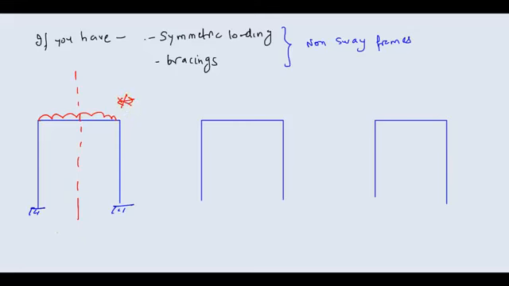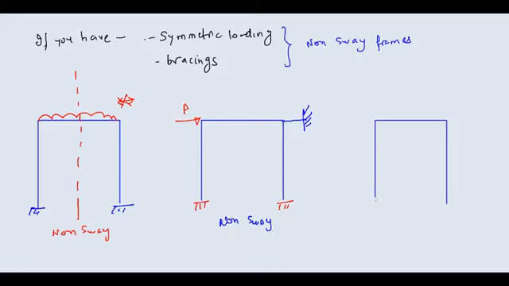There will not be any sway. This will be your non-sway frame. Take another frame: even if you have a horizontal loading, if you have some sort of bracing here that is not allowing your frame to move in the horizontal direction, then also you will have a non-sway frame.